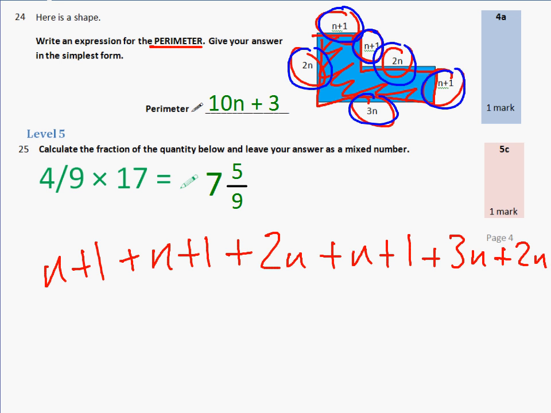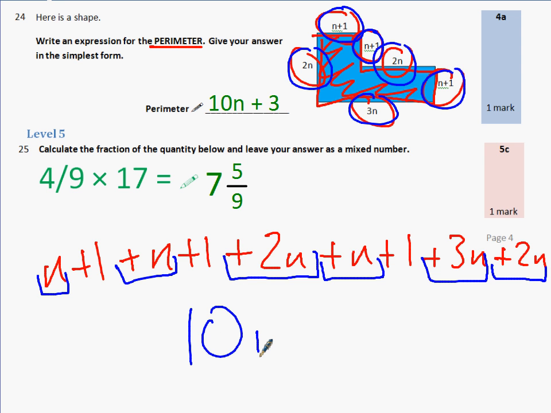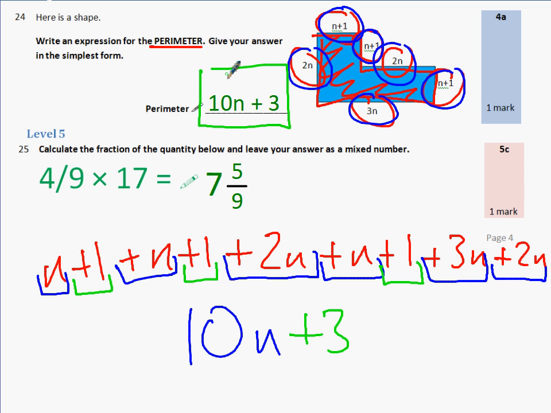So picking out just the n's to start with, n plus n plus 2n plus n plus 3n plus 2n. You add those all together, you get 10n, and then adding the constants together, add 1, add 1, add 1, that's the same as add 3. So your perimeter in the form of an algebraic expression is 10n plus 3.